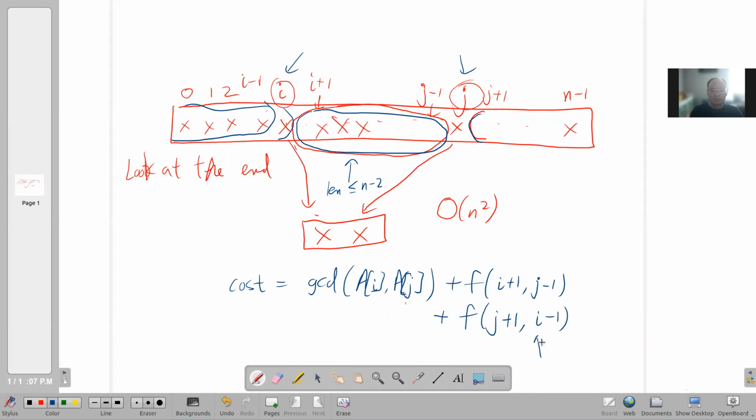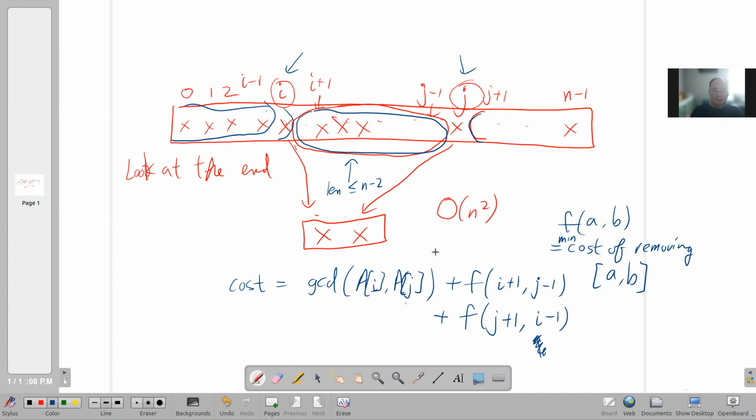Now, here you have to know that if the first index is bigger than the second index, it means there's a wraparound. But imagine that you have dealt with that, then that's what this is. Where f(A, B) means the best, minimum cost of removing the interval from A to B. And when I write this interval, remember that if A is greater than B, it means I wrap around.